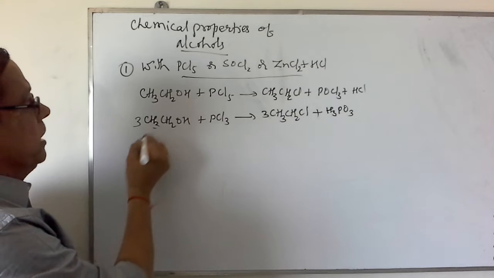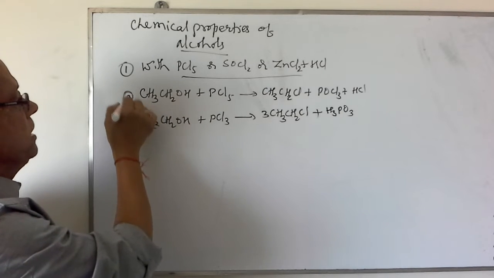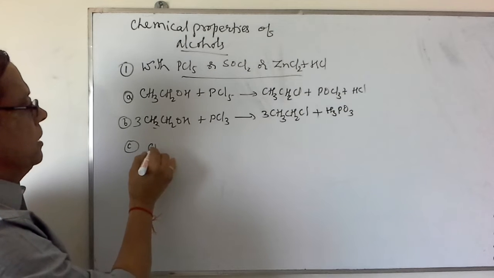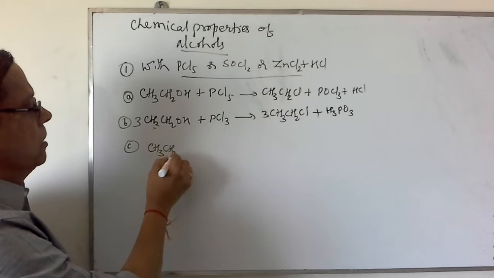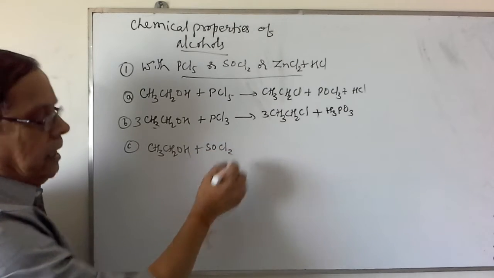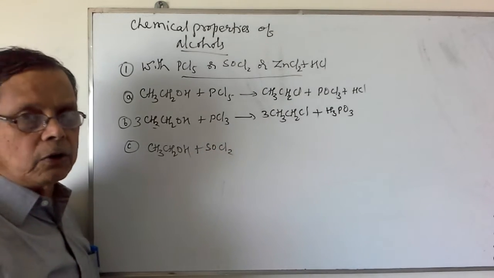Then coming to SOCl2, let us say this is A, this is B, the third one is with SOCl2, CH3CH2OH plus SOCl2. SOCl2 is thionyl chloride.